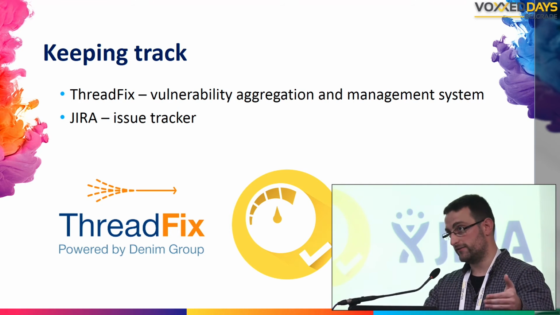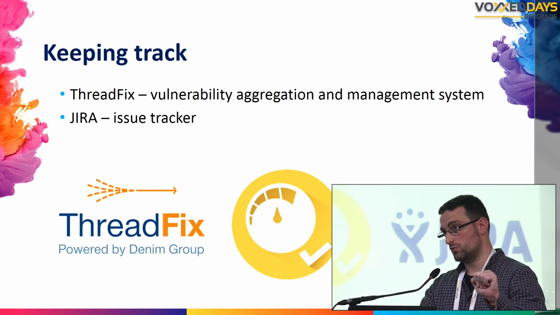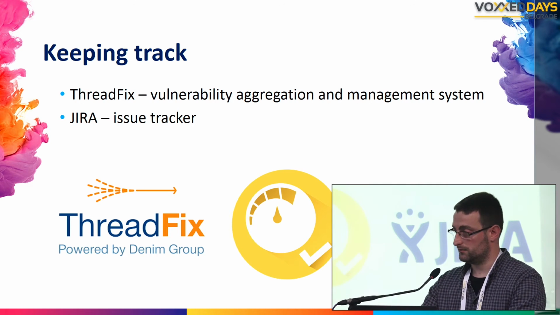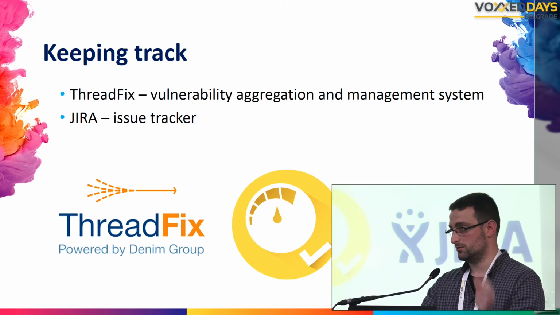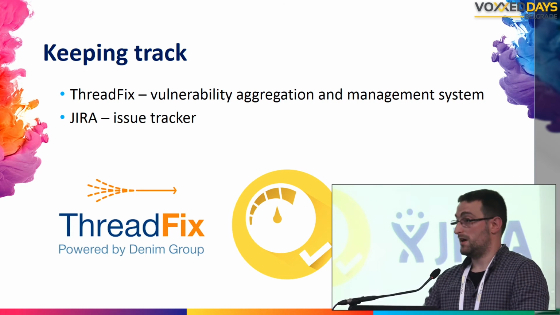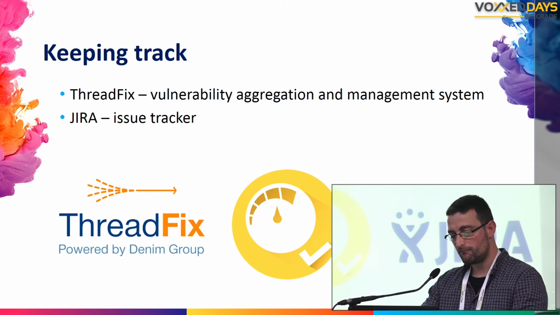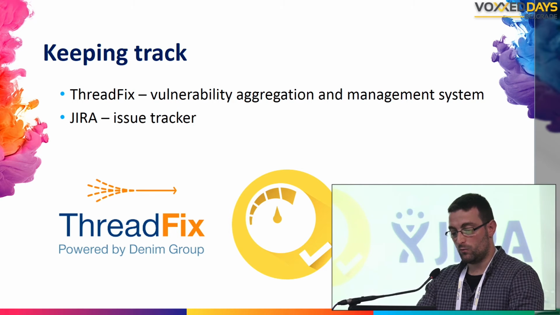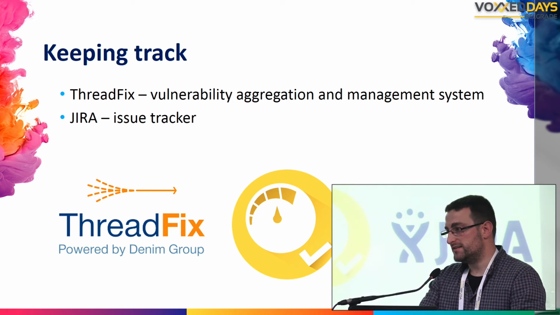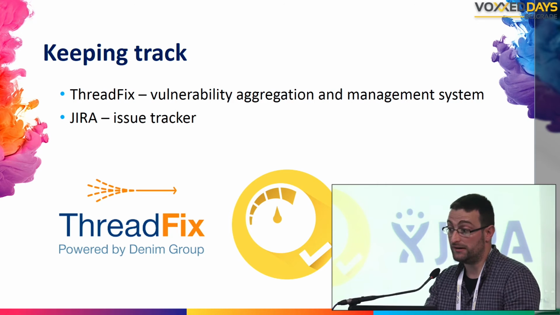Once you get that list of issues, you just click for an issue you want to report in Jira, one button, and it pops up back in Jira as an issue related to the project that you were making the security audit for. And well, we had some problems with reporting such issues from ThreadFix to Jira, as the descriptions that ThreadFix was writing were not very obvious for people who are not into security.